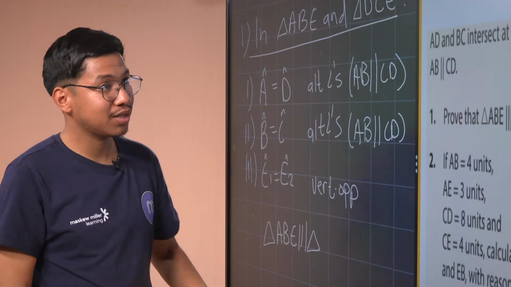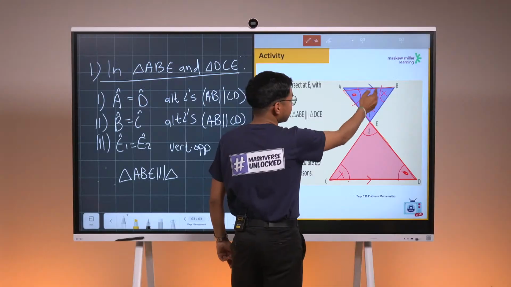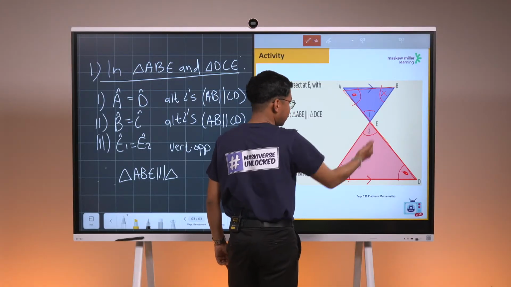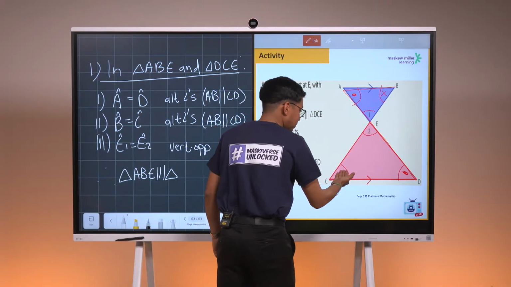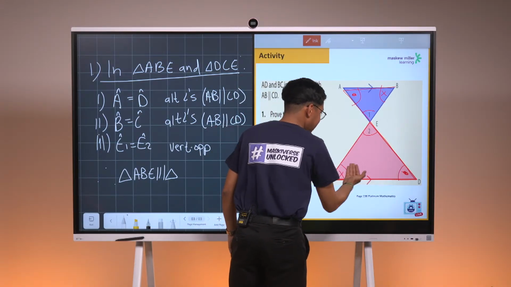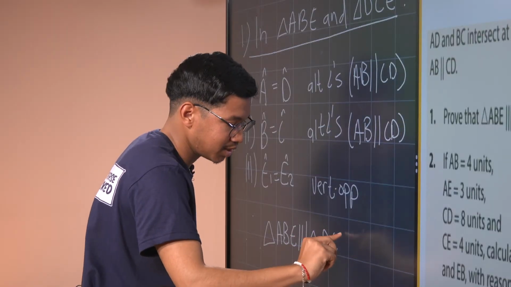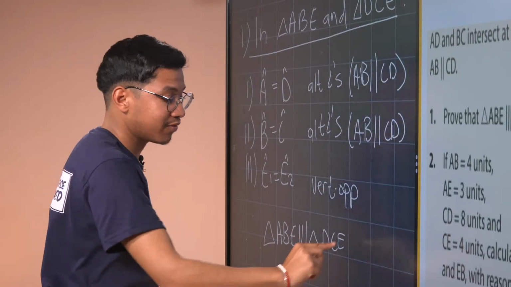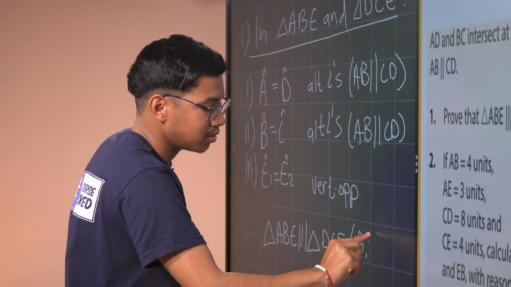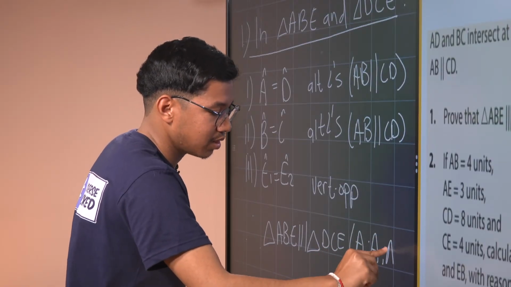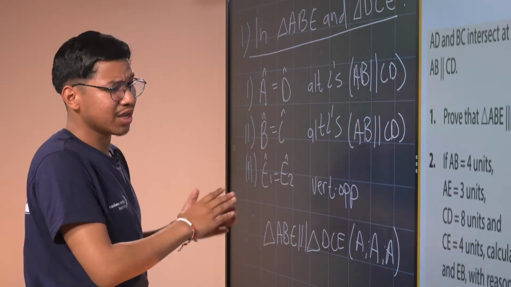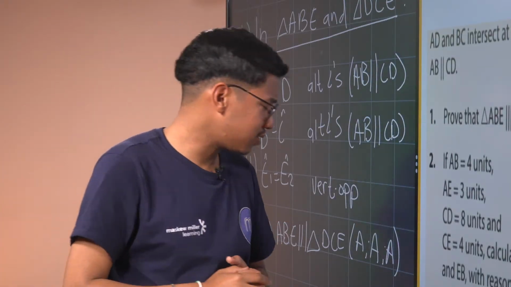So I went ABE, from the circle to the X to the 1. So I must go from the circle to the X to the 2. So it's DCE. And whatever I use there, I've used angle, angle, angle. All right? They have just proven that the two triangles are similar to each other.